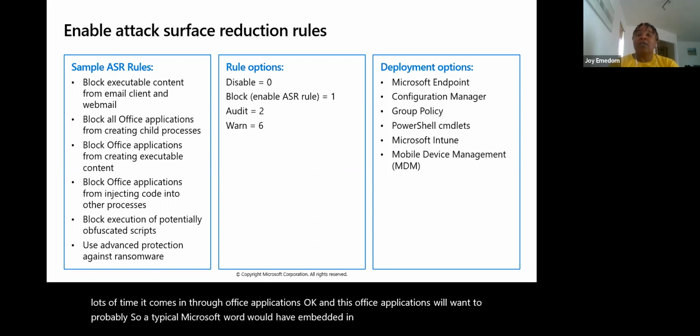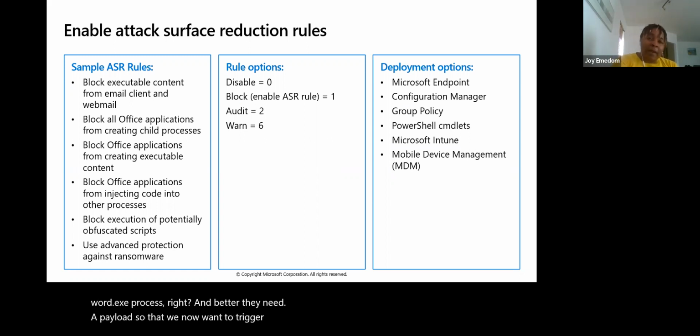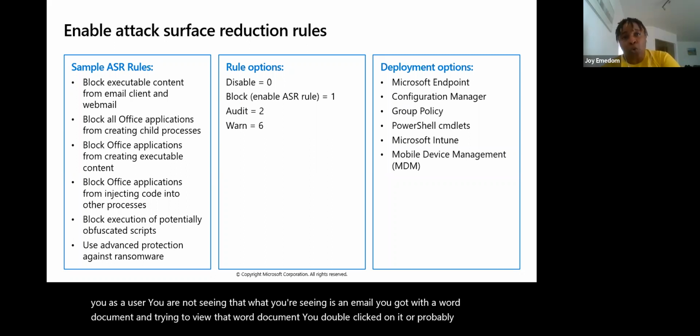Now, innocently, when you're opening Microsoft Word, what should be running is the winword.exe process, right? But embedded in it are payloads that will trigger additional processes that are not Microsoft Word. To you as a user, you're not seeing that. What you're seeing is an email you got with a Word document, and in trying to view it, you double clicked on it, or probably downloaded it and then double clicked on it to open it.